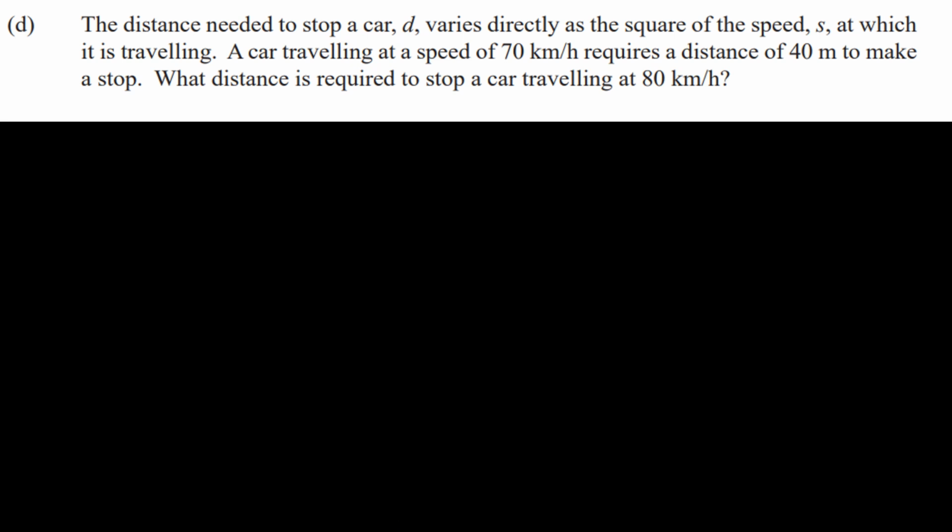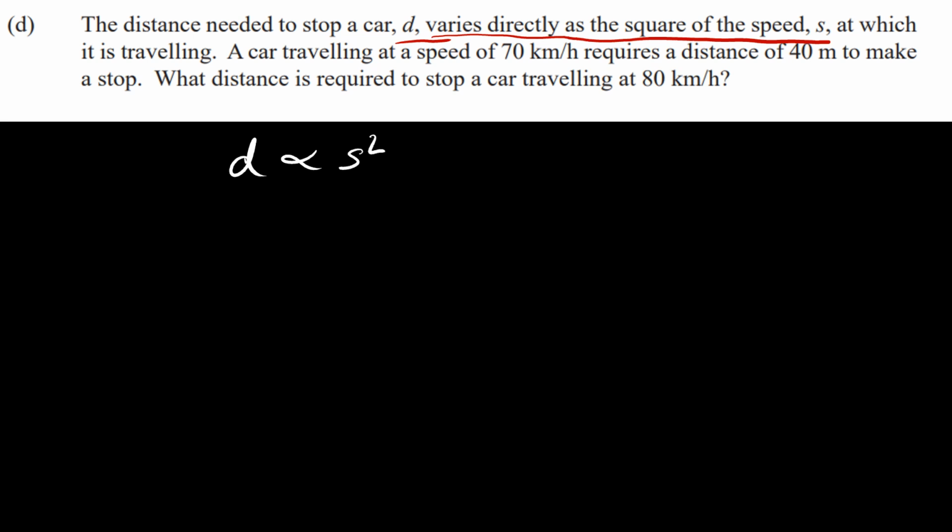Okay, so first thing I recognize is that we have the topic varies directly as the square of speed. So we're looking at direct variation, right? So d varies directly as the square of speed s. So the first thing I do is to write out that equation. d varies directly as the square of the speed s.